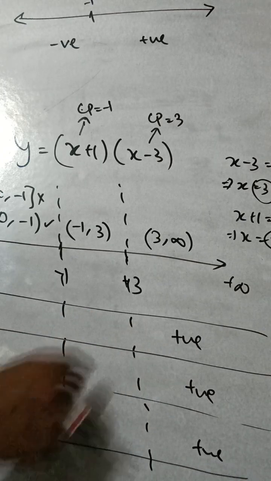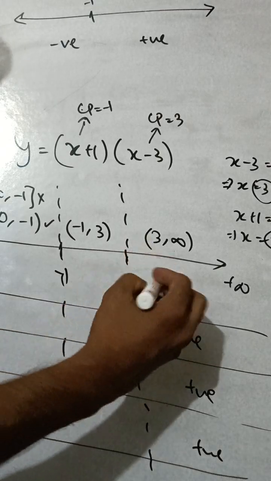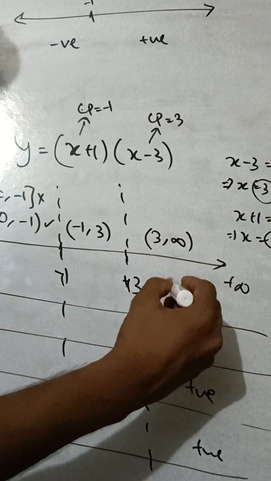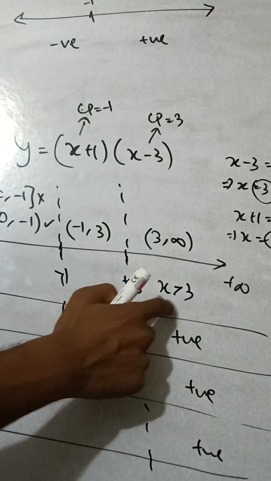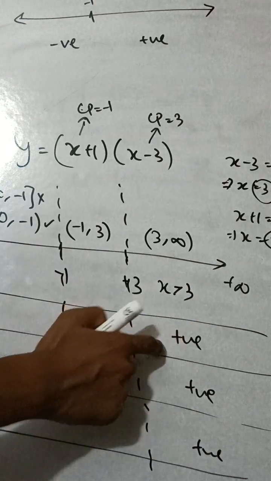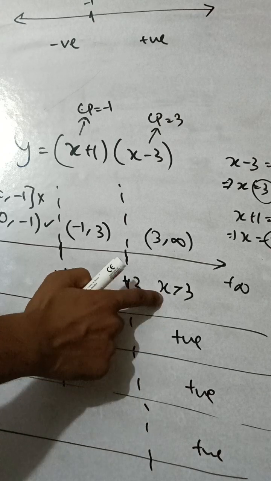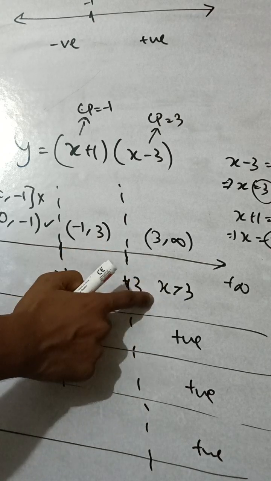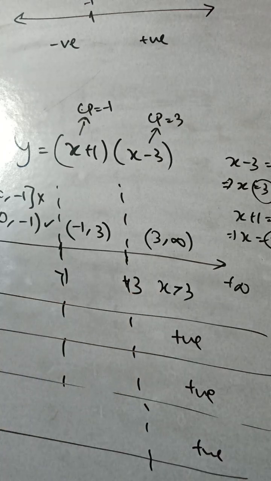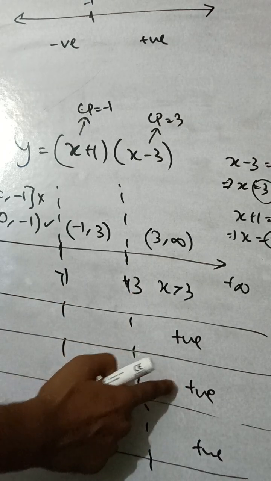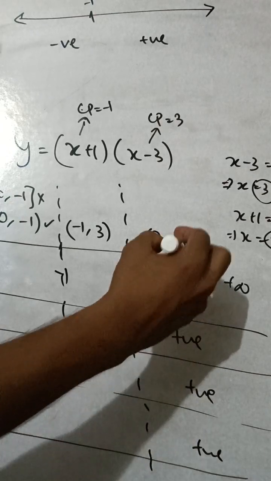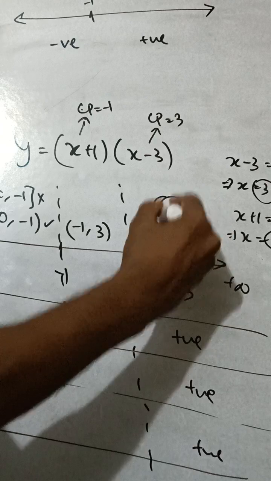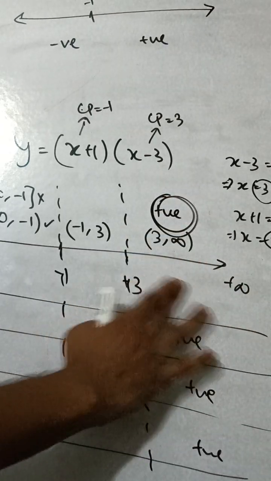Whatever values of x come from here will always be greater than 3. If x is always greater than 3, then x plus 1 will be positive, and x minus 3 should also be positive. If both of these factors are positive, then y should also be positive. So in this region, y is always positive.